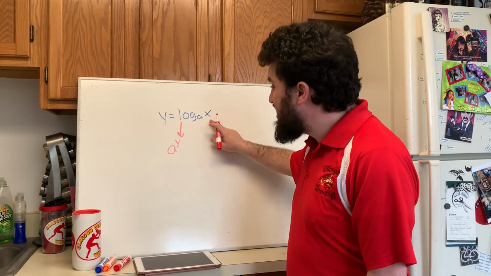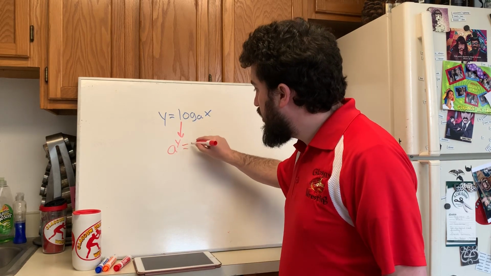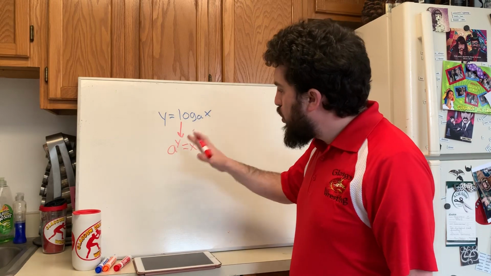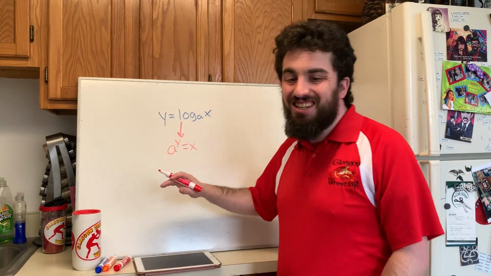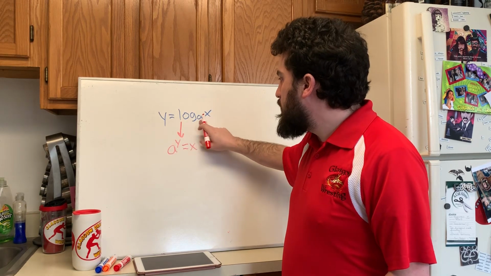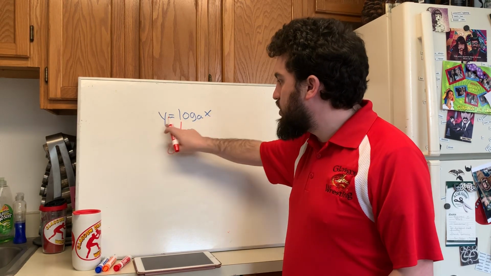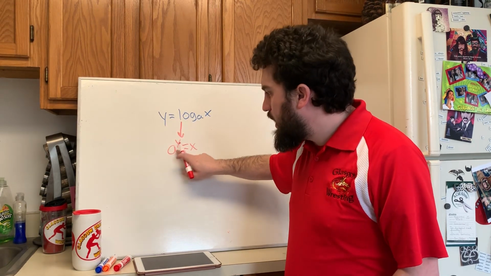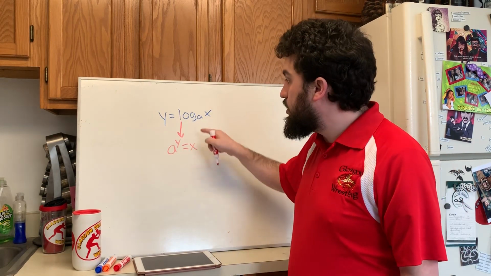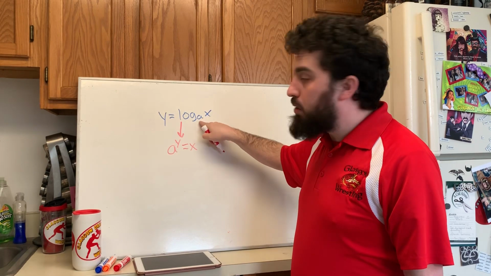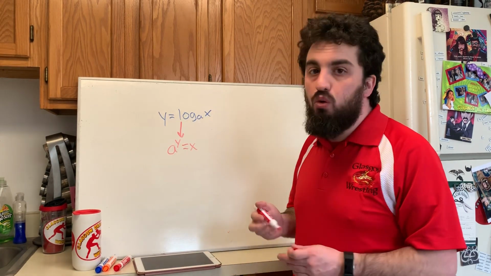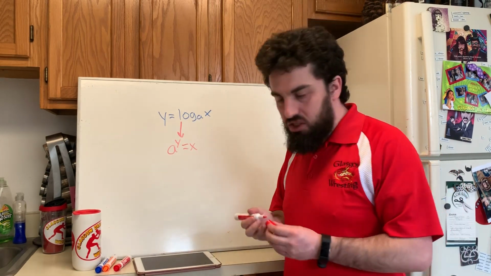And what is inside the log is what that is equal to. So what this says is that the log base a of x is equal to y, so a to the y is equal to x. So it's asking you, what power do I need to take a to in order to get x?